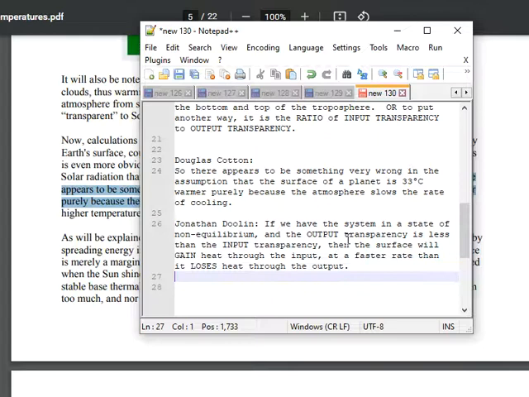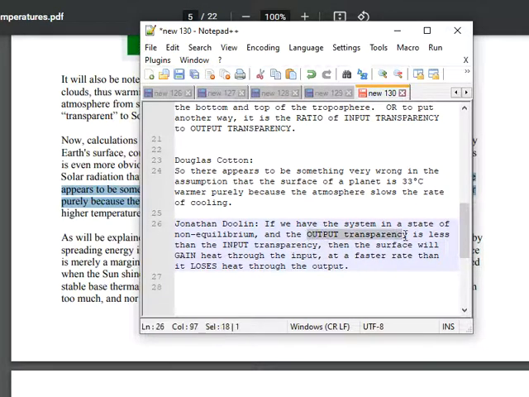If we have a system in a state of non-equilibrium, where the temperature with the sun is not, well, wow, 5800 Kelvin, that's our equilibrium temperature with the sun. But we have the output transparency less than the input transparency.